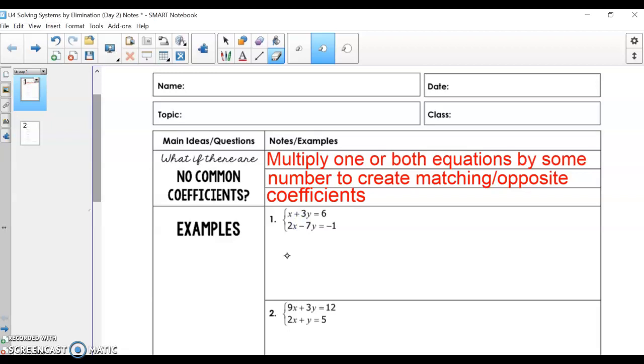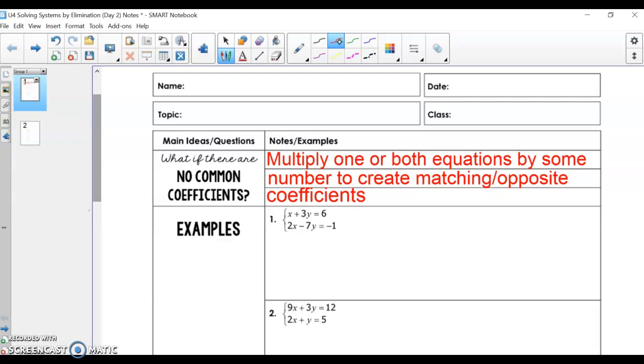So in this case, looking at number 1, we've got to multiply one of our equations by something in order to get it to have the same number with those variables, so we can have matching or opposite coefficients.